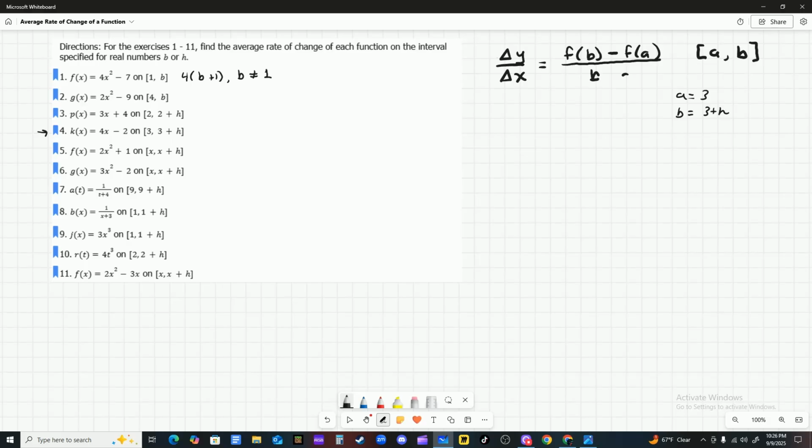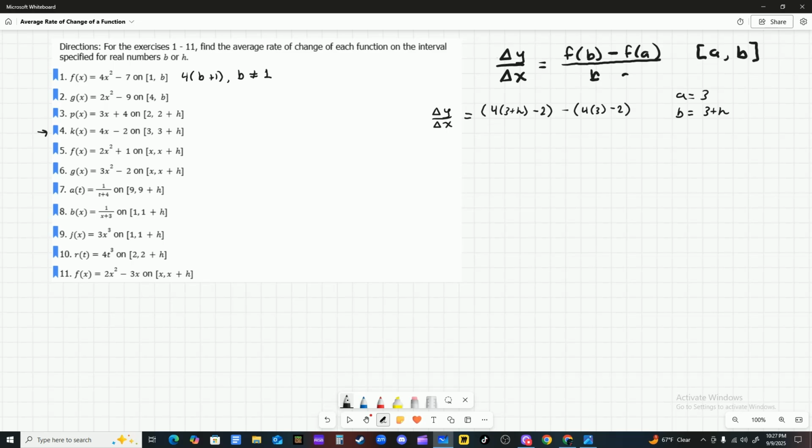Delta y over delta x is equal to f of b, which is just going to be 4 times the quantity 3 plus h, minus 2, that's our f of b, minus f of a, which is going to be 4 times 3 minus 2. Just like that.